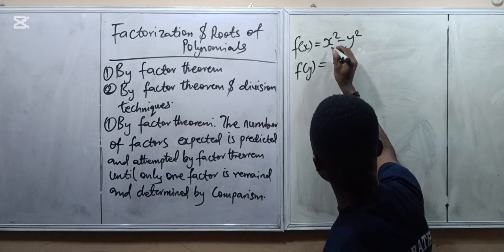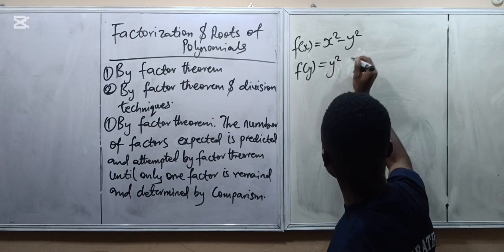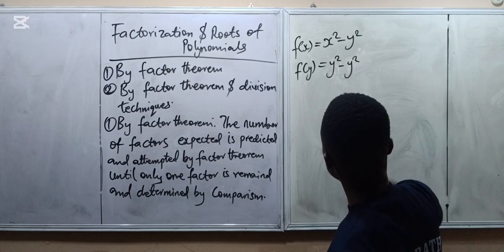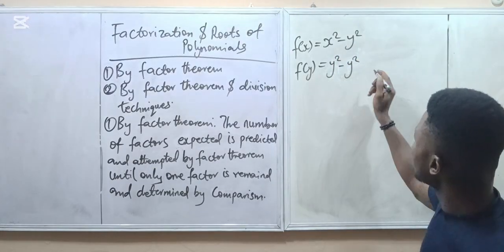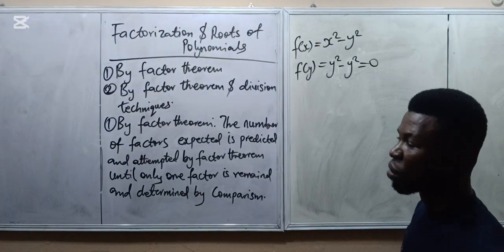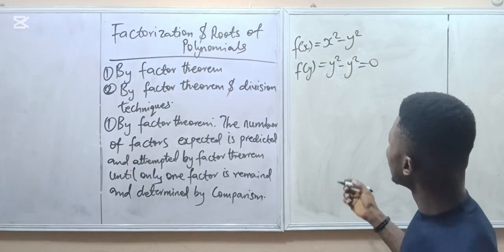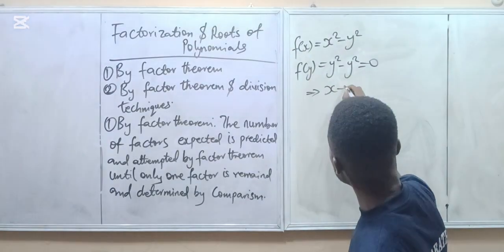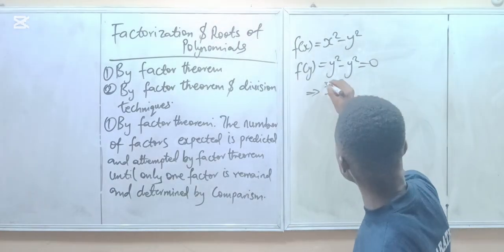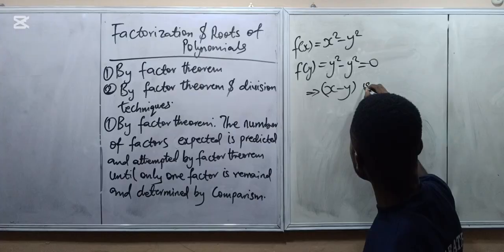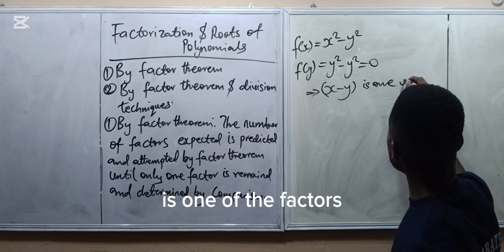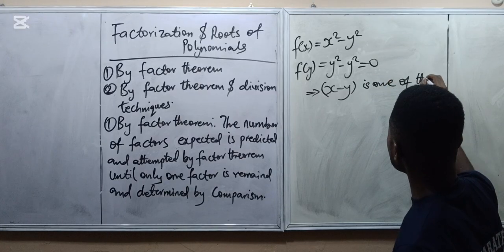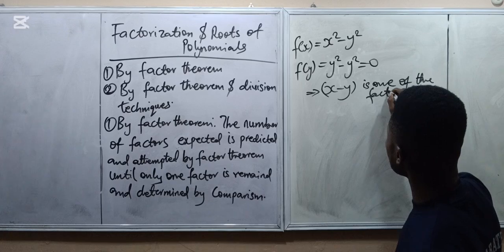So this will be equal to y squared minus y squared, which gives us 0. What does it tell us? It now implies that x minus y is one of the factors.